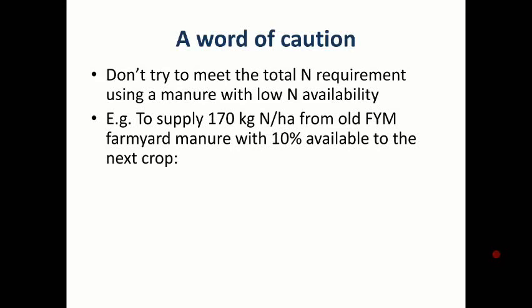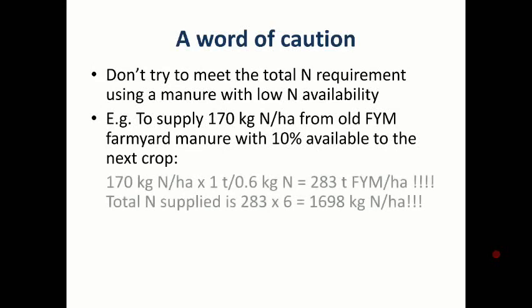Just for fun, if you try to supply 170 kilograms of nitrogen per hectare from old farmyard manure, where 10% of it is available to the next crop, then you'd actually have to be putting on, and what I've done there is, 10% of the total nitrogen content of old farmyard manure, which was 6 kilograms per ton, so 0.6 kilogram per ton is available. 170 kilograms nitrogen per hectare times 1 over 0.6 gives you 283 tons of farmyard manure per hectare. That's a lot to spread, you can see.